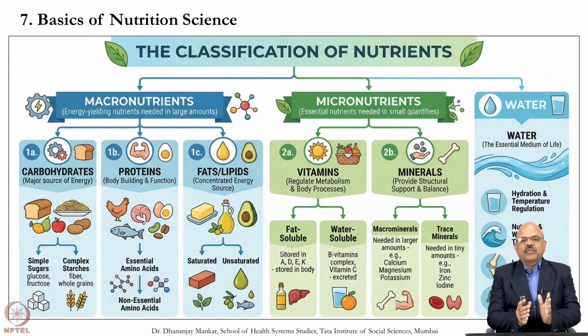The basics of nutrition science, the classification of macro and micronutrients, are also covered, where carbohydrates, proteins and fats play an equal role in giving you energy in larger amounts, while micronutrients are essentially trace elements that you have to consume. You cannot reject a mineral or vitamin even though it is needed in trace amounts. The role of the water-soluble vitamin C is very important, versus the fat-soluble vitamin D, which also plays a major role.